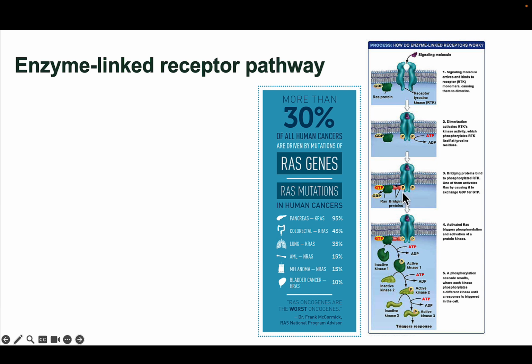And then that phosphate then can activate a G protein. And then that G protein then activates more kinases. And what we get is a kinase cascade where the activation of one kinase activates another, and so on until you trigger a response.